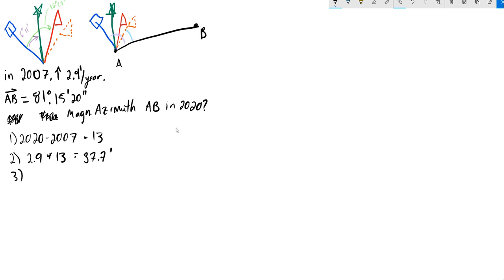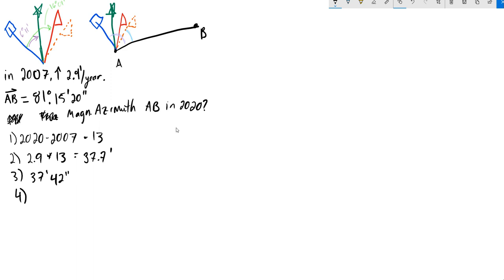Third step is to put this into something proper. So I have 37 minutes, and 0.7 would be 42 seconds. Okay. So there's the first three steps. That tells me the change, which is the difference between the orange magnetic north and the red one.